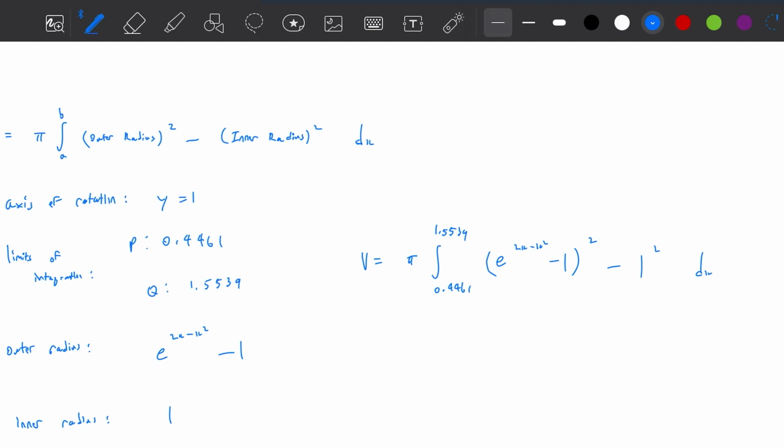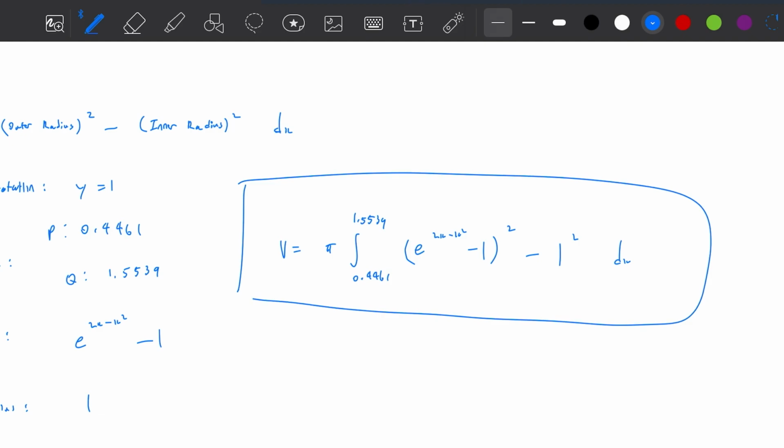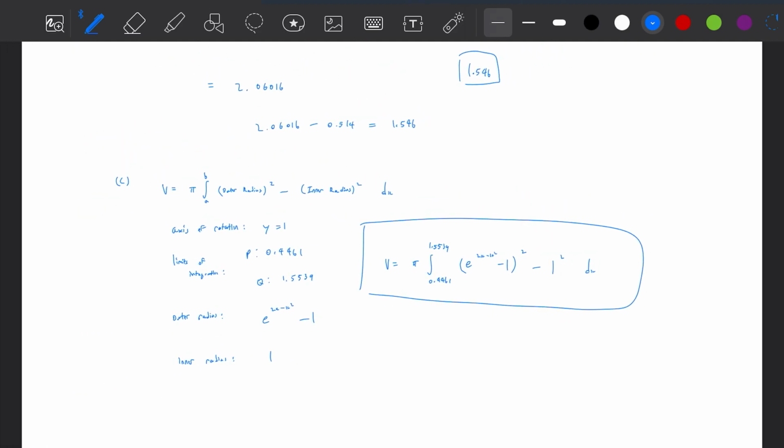So that will be the answer for part C, since we are only told to find the integral, not evaluate it. Thank you.